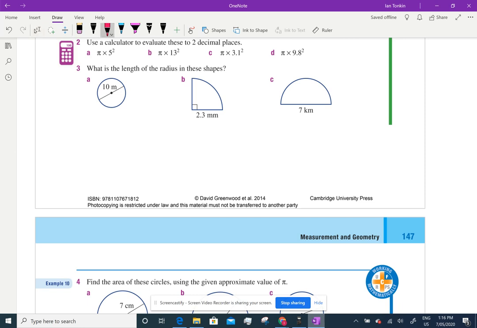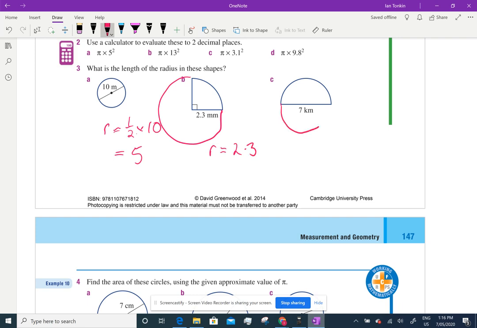So if you've come back now, you're checking: the radius in the first one, that's the diameter, so the radius equals 1/2 times 10. Should be able to do that in your head. 5. This one, well, the radius is just 2.3.